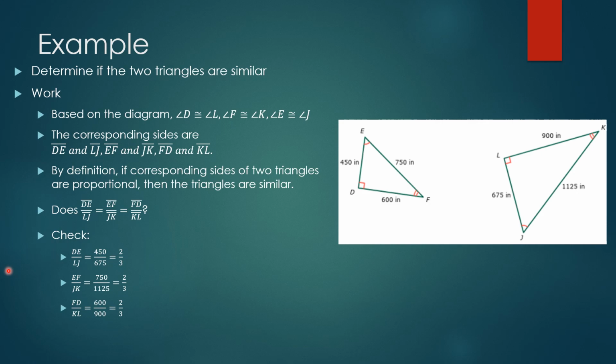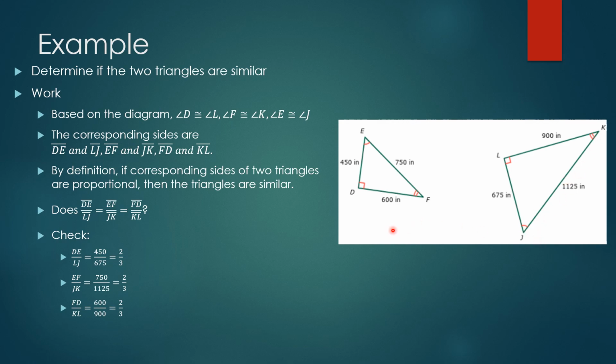If we take side DE and side LJ and do that division, we get 2/3. If we take the other corresponding sides, EF, which corresponds with JK, we get 2/3 when we simplify.